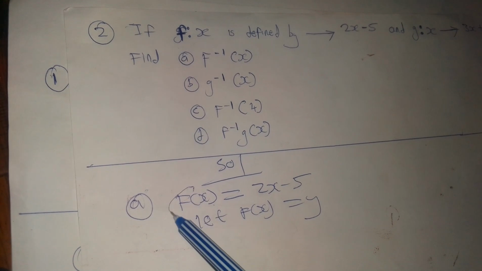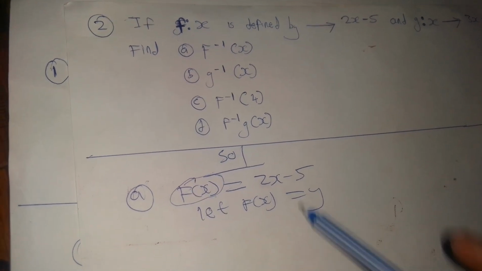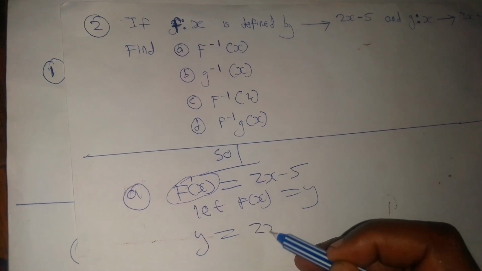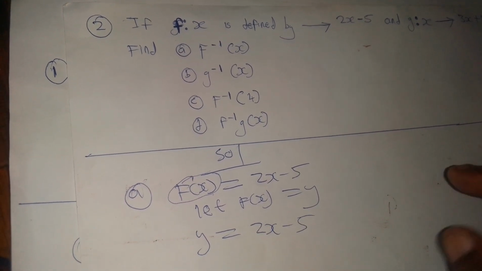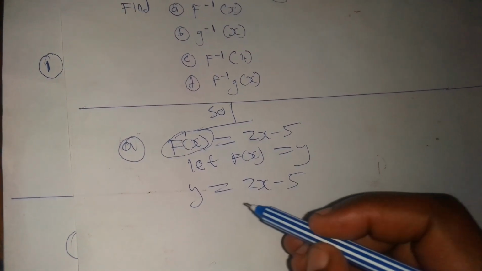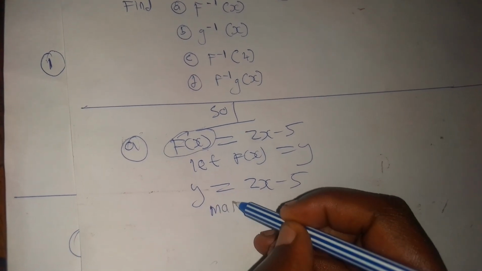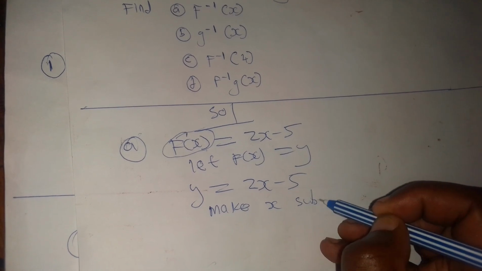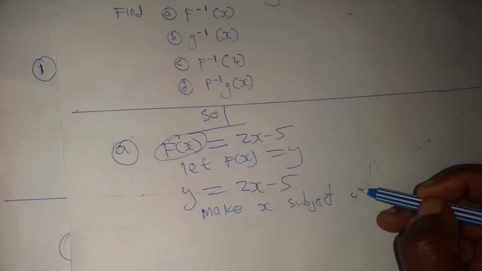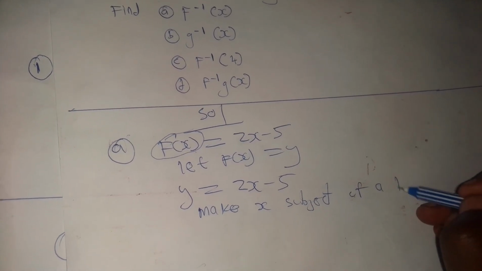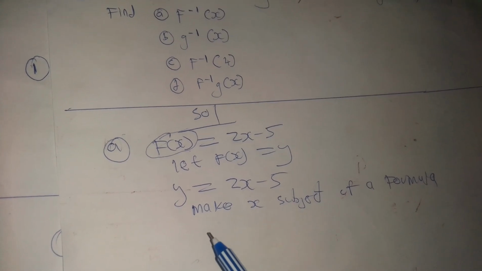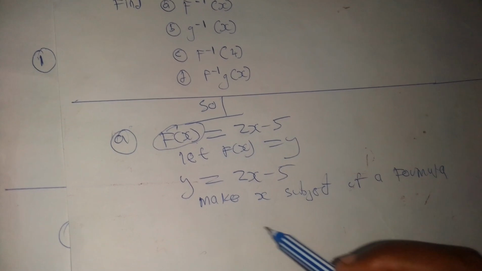So you say y equals 2x minus 5. At this point, you make x the subject of the formula.